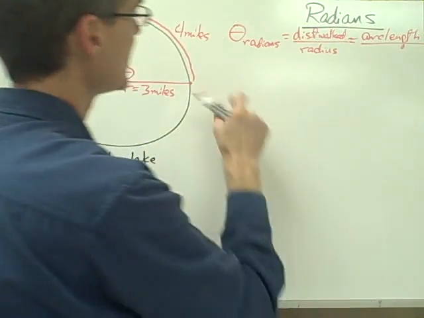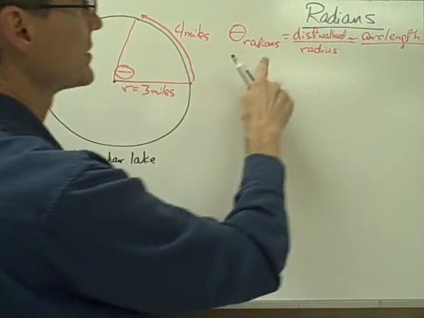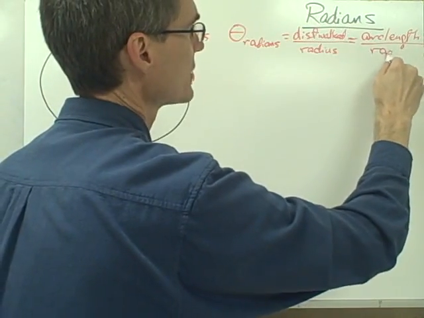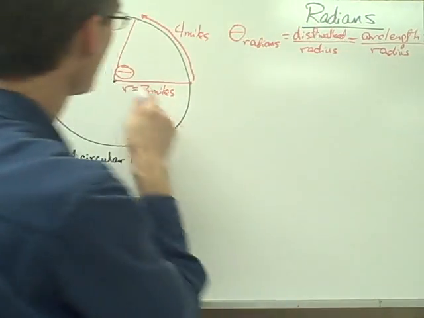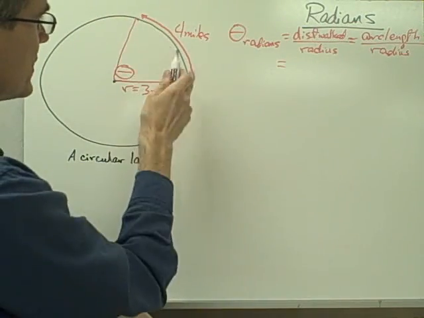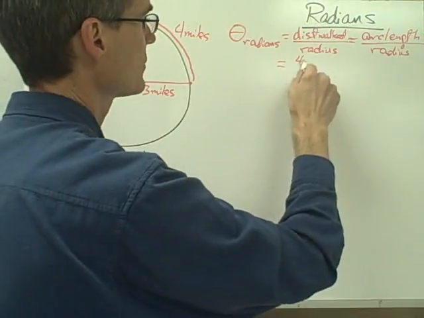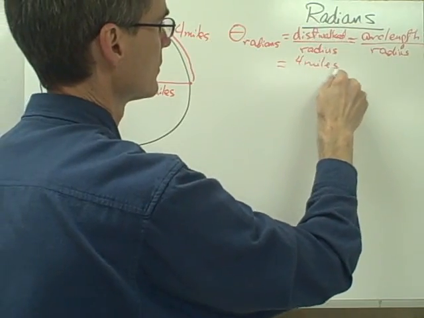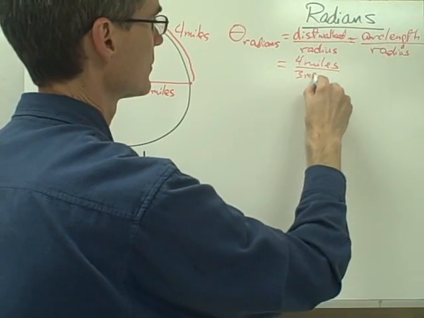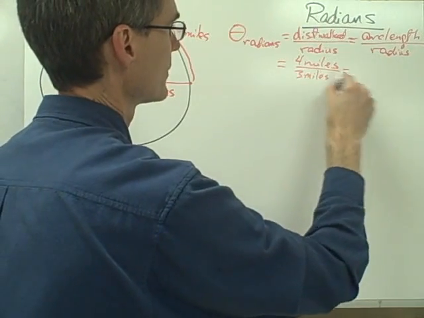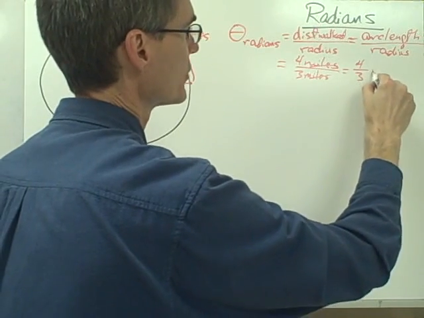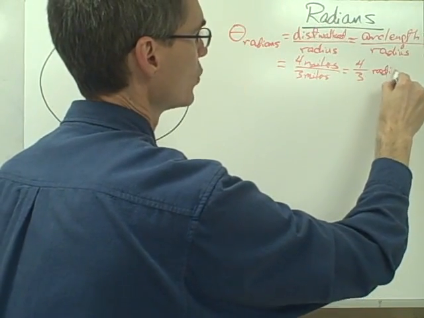So essentially what we're saying is that an angle measured in radians is just the arc length divided by the radius of the circle. So for this particular angle here, theta, I know what this arc length is, the distance I walked, that's 4 miles. And I know the radius of the circle is 3 miles. So the measure of that angle would be 4/3 radians.